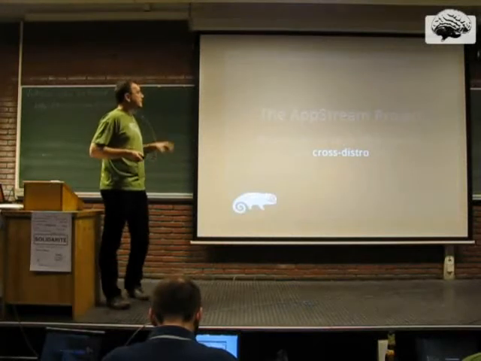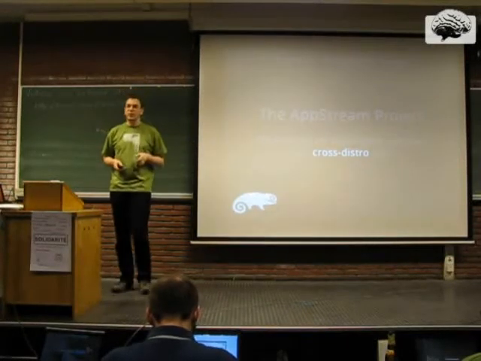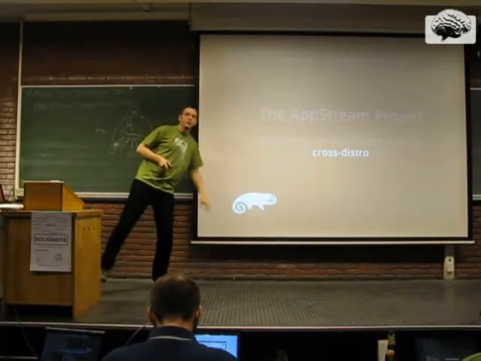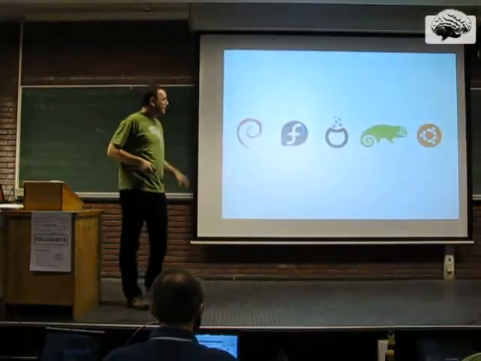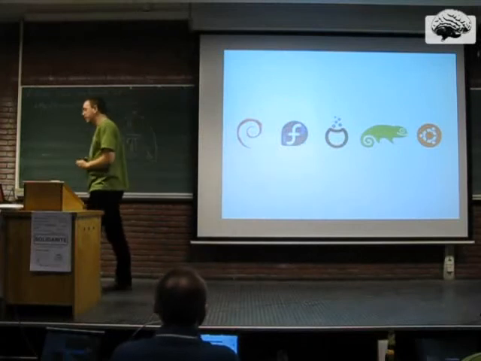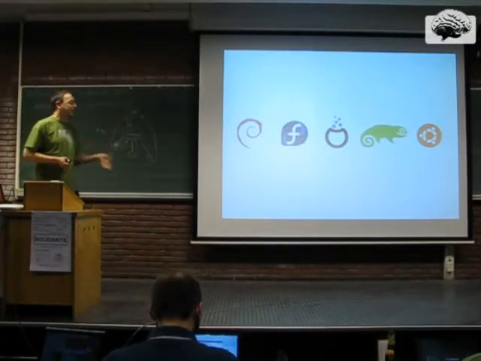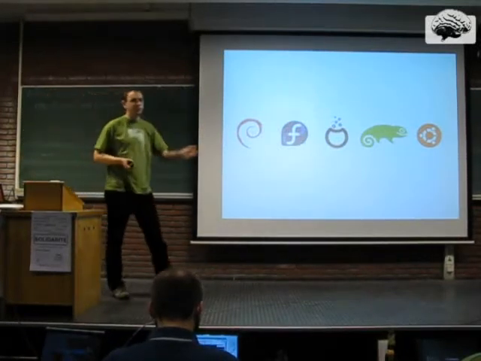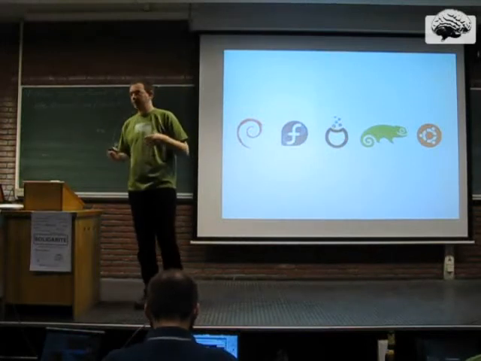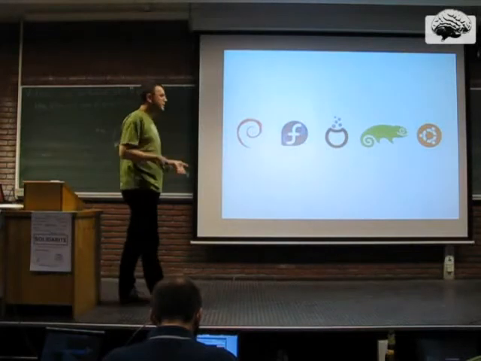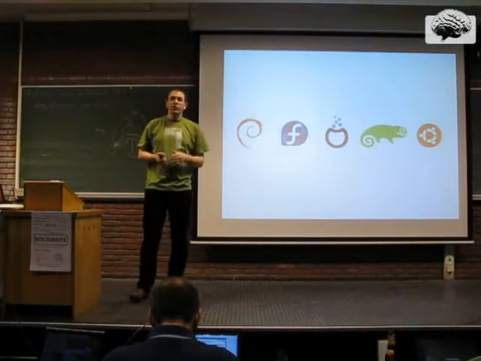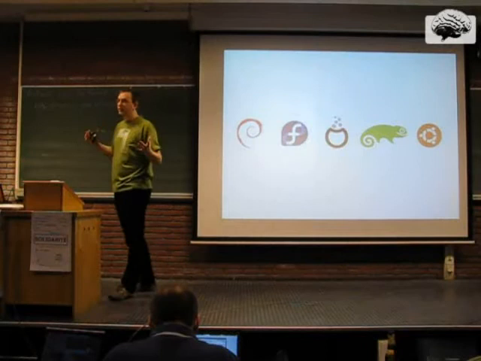If you noticed in the first slide, I said the cross-distro way, and then I put a nice OpenSUSE logo and nothing else. So let me fix that. We had a meeting 2 weeks ago with people from Debian, Fedora, Mageia, OpenSUSE, and Ubuntu. We really wanted to have this meeting with as many people from as many distributions as possible because we wanted to solve this issue together.